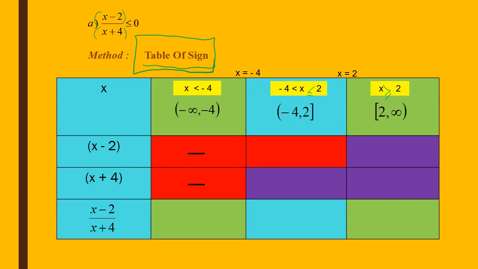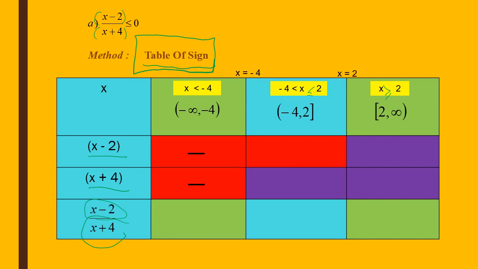The next part is we have these two factors, x minus 2 and x plus 4, the same as the quadratic. But remember this is a division. We do the same thing as the quadratic. We check every interval for x minus 2 and x plus 4. For the first, we get negative and negative.